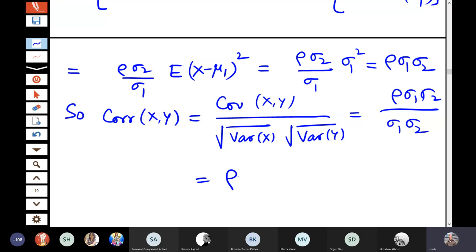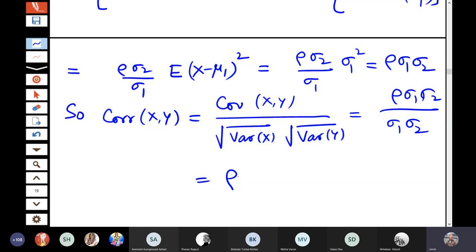Mu1, mu2 denote the mean of x and y, sigma 1 square and sigma 2 square denote the variances of x and y, and rho denotes the coefficient of correlation between x and y. So all the parameters of the bivariate normal distribution are identified here. Is that okay? Yes, sir.